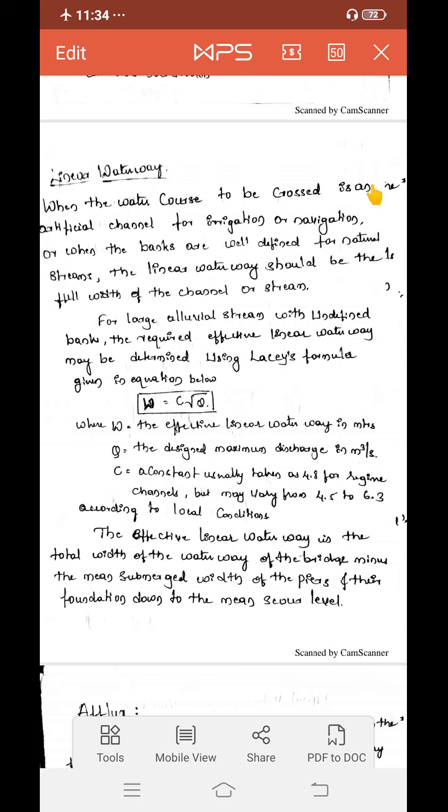The effective length of the linear waterway is the length of the linear waterway at the top, minus the width of the number of piers or foundations. That is equal to the effective length of the linear waterway.